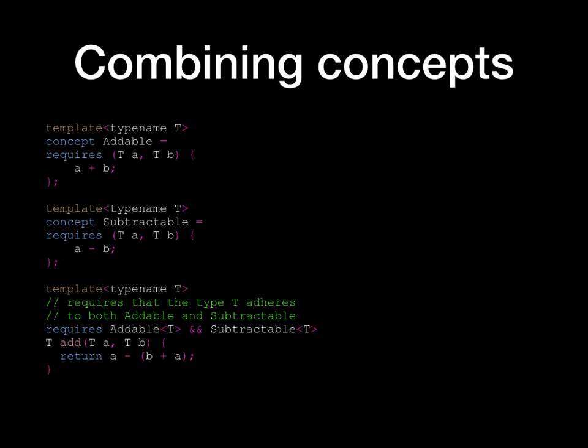We can combine concepts. So if we have an Addable concept and a Subtractable concept, we can have a template typename T function, which requires both Addable and Subtractable. And then inside the body of that function, we know that a - b + a is well formed because the concepts require that.